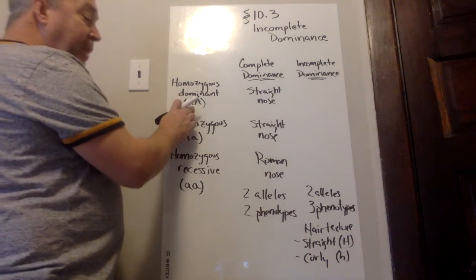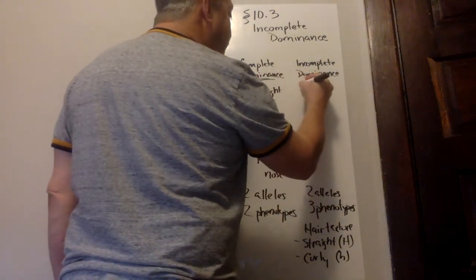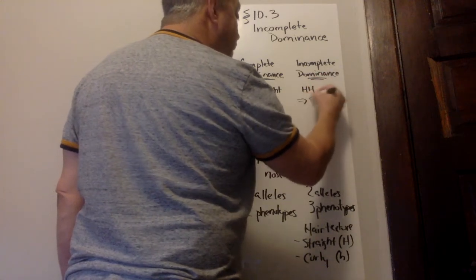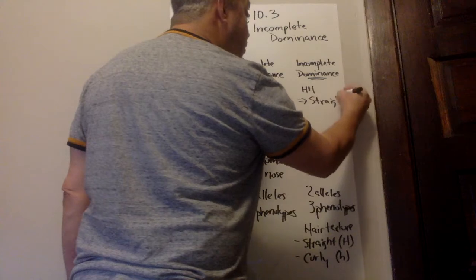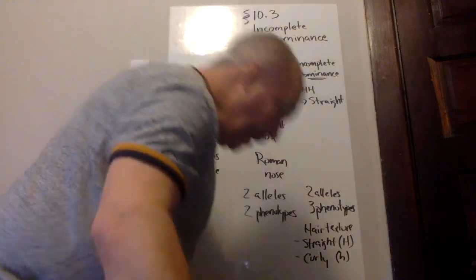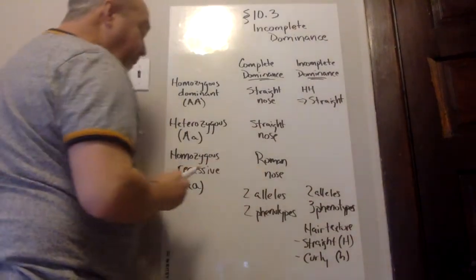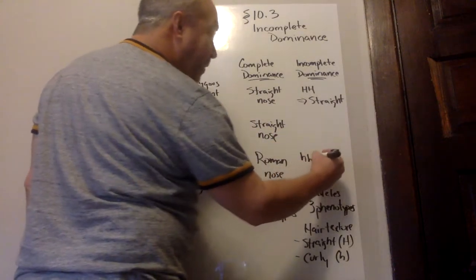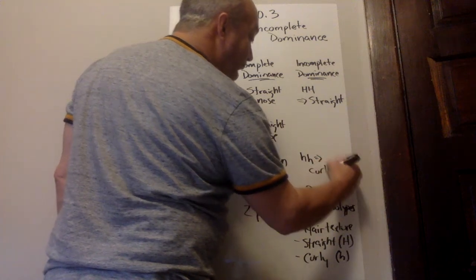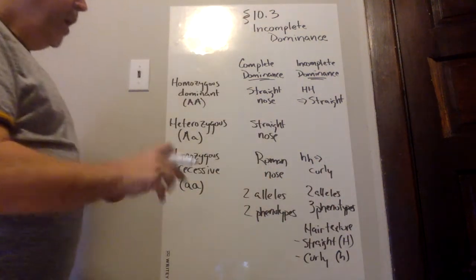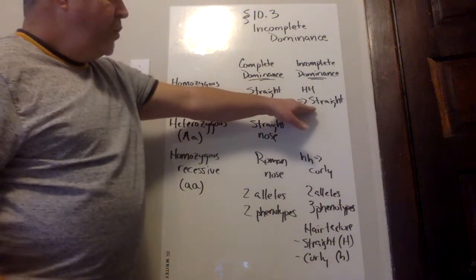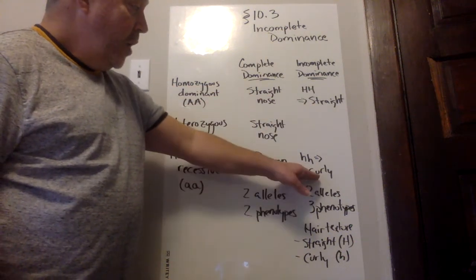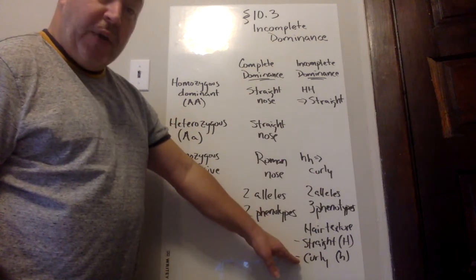So, if a person has two dominant alleles, they are homozygous dominant. So this person will have straight hair. If a person is homozygous recessive, they will have two recessive alleles and they will have curly hair. Notice, two dominant alleles, you get straight hair. Two recessive alleles, you get curly hair.